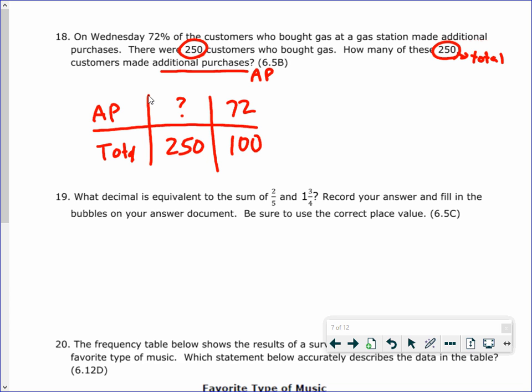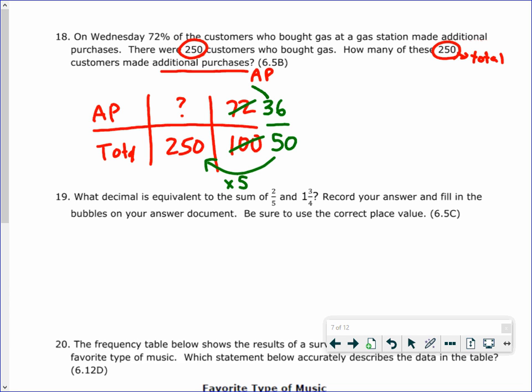72 divided by 2 is 36. If you're not sure how I found that, just divide it out if you can't do that in your head. 100 divided by 2 is 50. And once again, if you can't do that in your head, just divide it out somewhere to the side there. Now you should be able to see the relationship. 250 is 5 times bigger than 50.